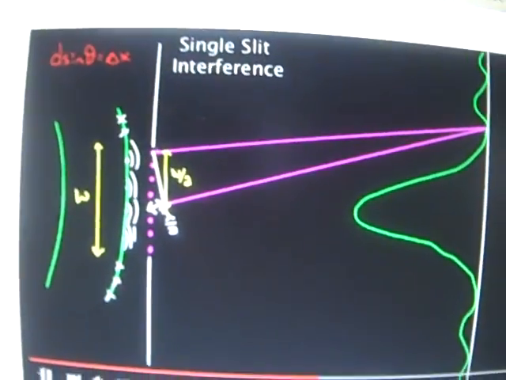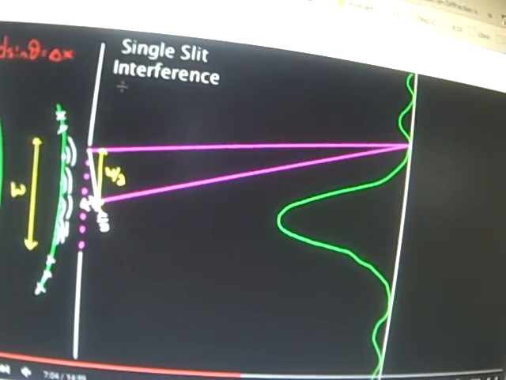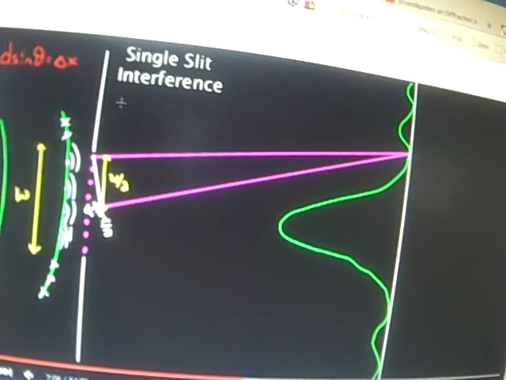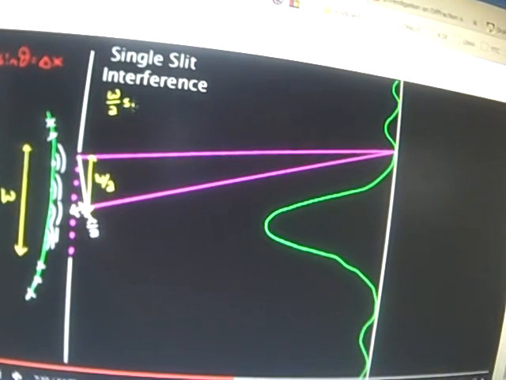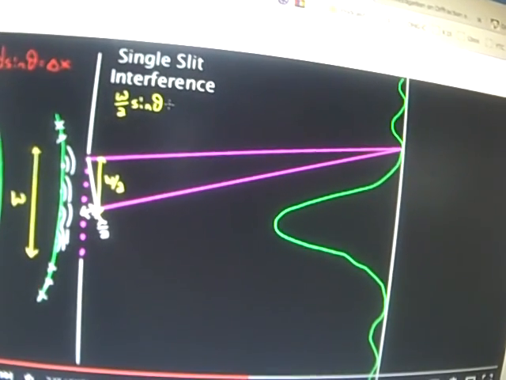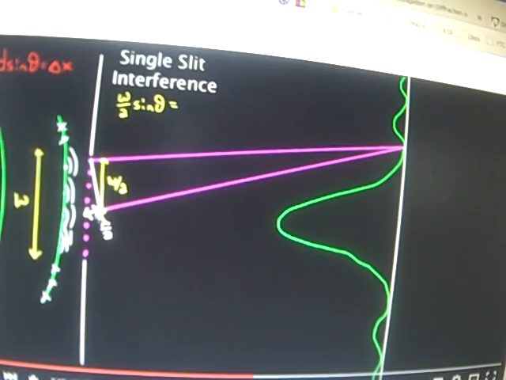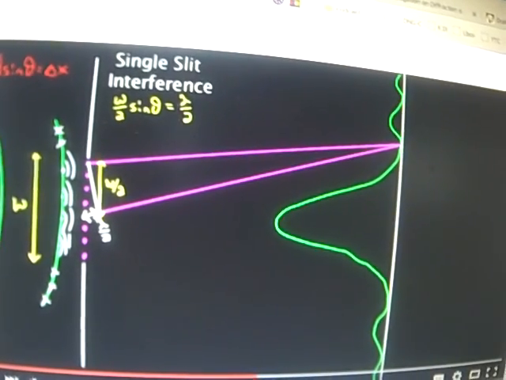And so what's the relationship here for the path length difference between these two? Well, if they're W over 2 apart, I'd have d sine theta as the path length difference. So d would be W over 2 times sine of the angle that this makes to this point on the wall. And if their path length difference is lambda over 2, then that would be destructive. So equals lambda over 2.